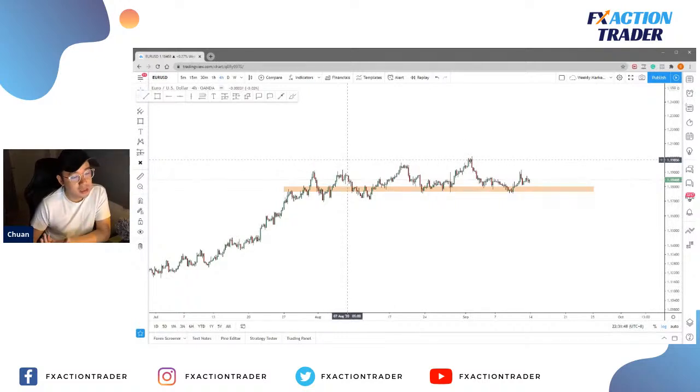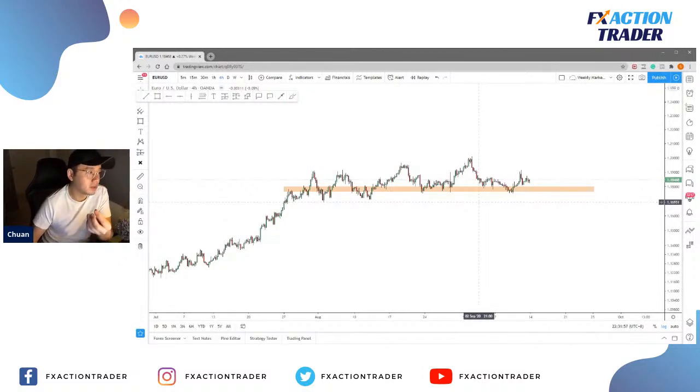And of course, when dealing with a sideways market, we try our best to always sell at the top area and always spot the lowest price for us to place our buy entry.